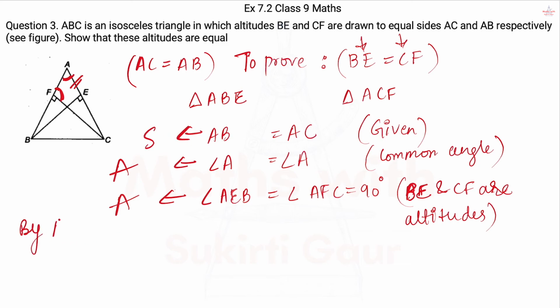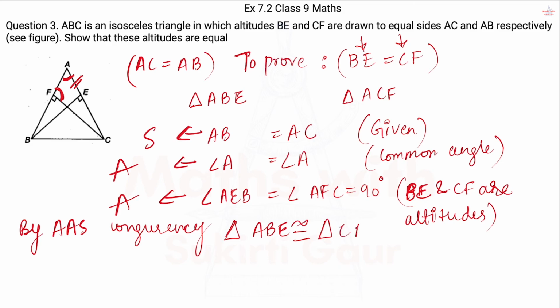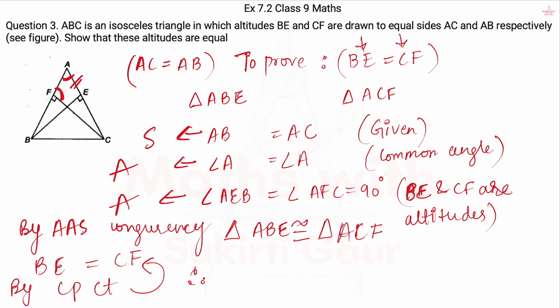So by AAS congruency, we can say triangle ABE is congruent to triangle ACF. Hence these two parts BE and CF, which are the parts of these two triangles, and by CPCT, corresponding parts of congruent triangles, we can say BE is equals to CF. Hence proved. I hope everybody understood.